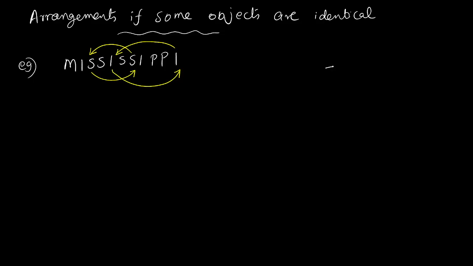But on the other hand, if all the letters are different, like in the word equation, whichever interchanging you do, you will definitely get a new word. But here some interchanges are not considered, because you will get the same word. I want a list of different words.